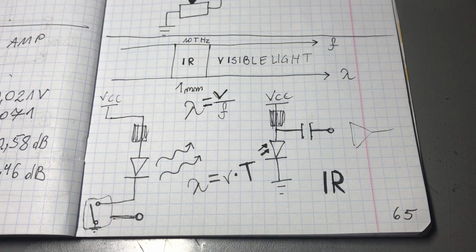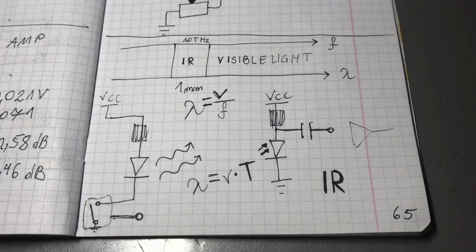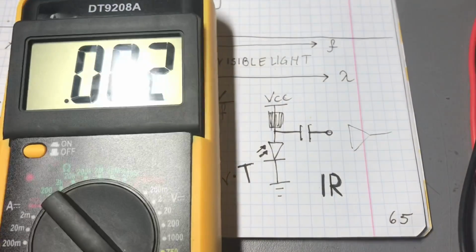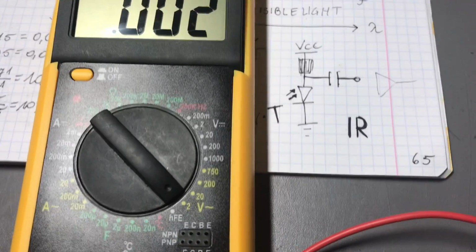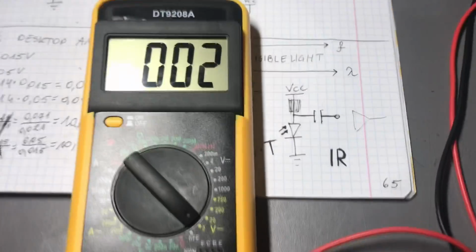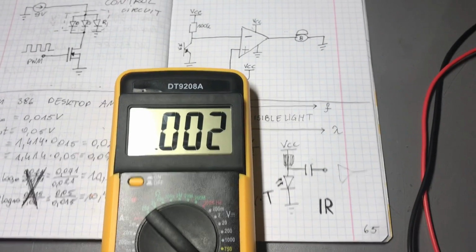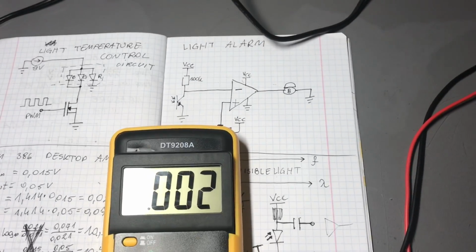I can show you a little simple example of a use. Here we have the multimeter, which is set to the 2 volts AC setting. It measures just low voltage AC.